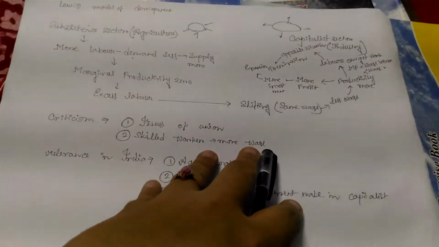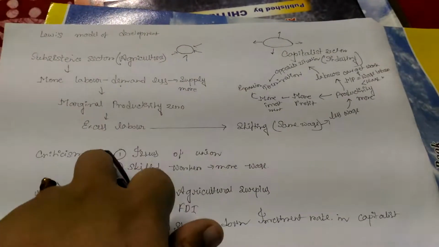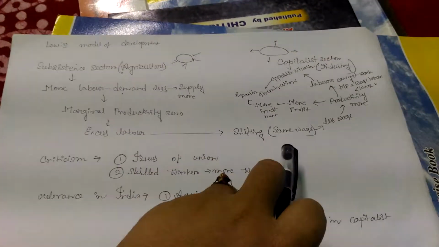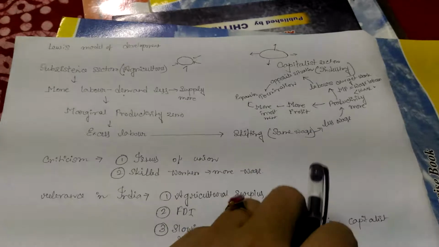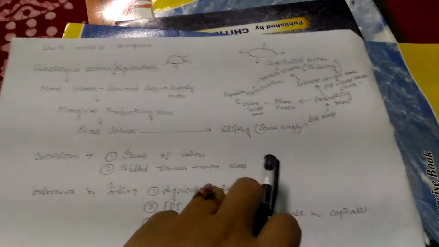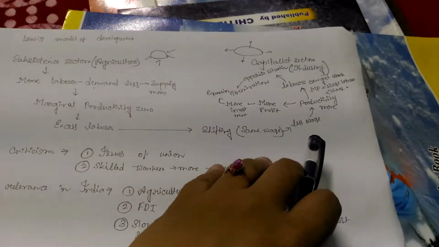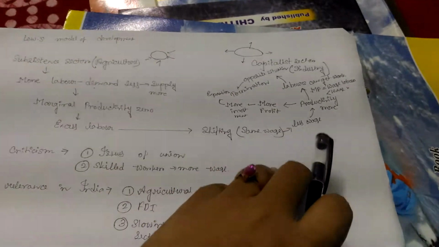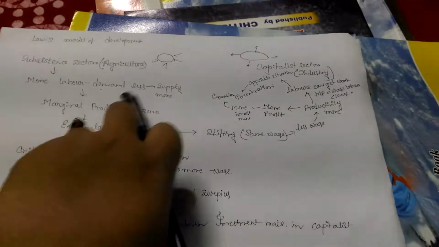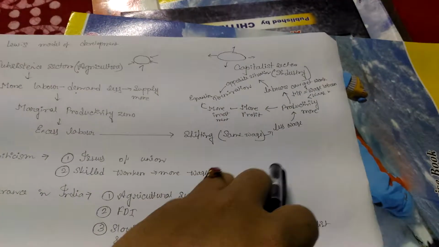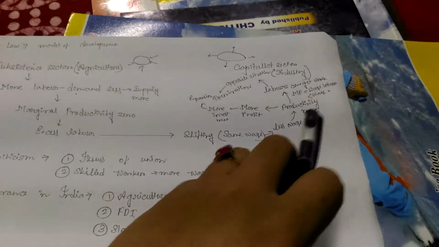And what kind of opportunity do they have? Because this labor is not skilled, the capitalist sector has a system and structure by which they can make them a little bit skilled. And the most important thing is that this labor is ready to work for a lower wage, because they do not have employment opportunities here, so they are ready to do their work for a very low wage.